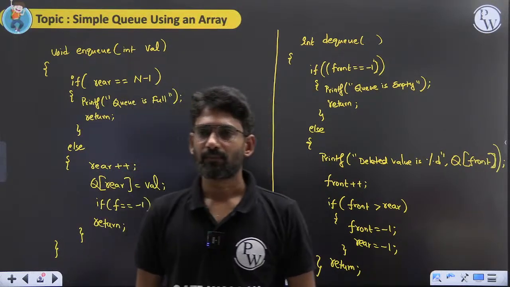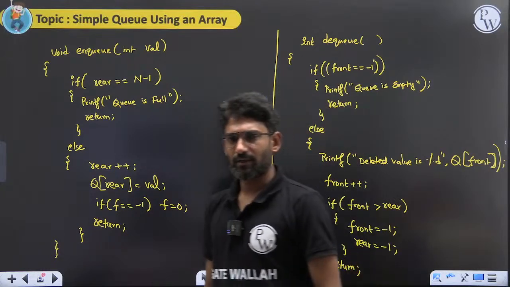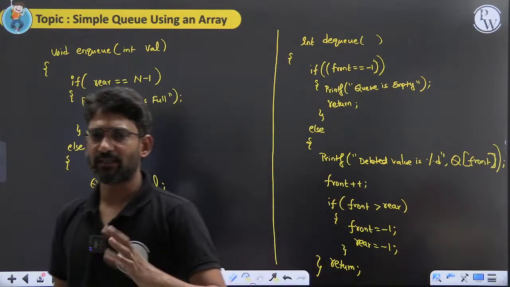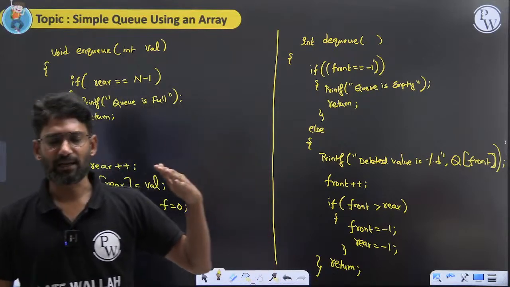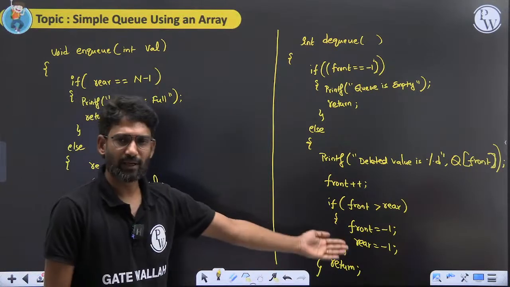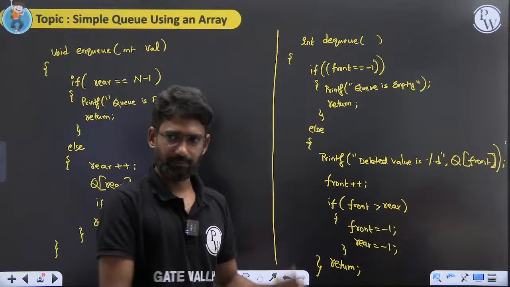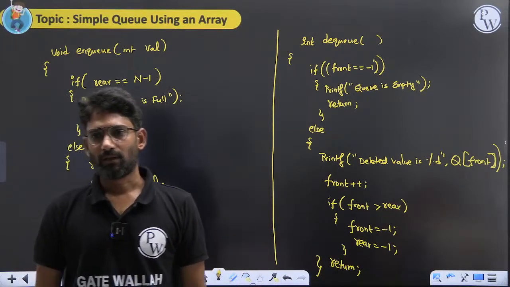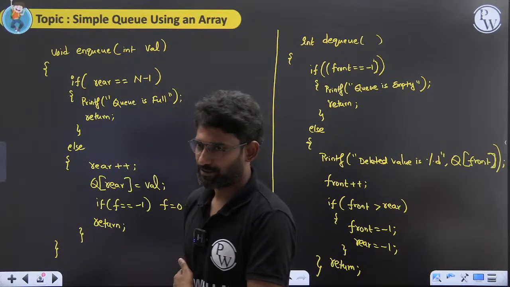Clear? So now in any order you insert, like insert delete, insert delete, or consecutively some enqueue operations, then some dequeue operations, alternatively you do, it works. Now again, what is the time complexity, guys?